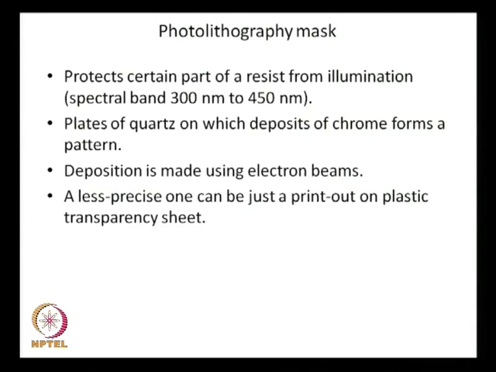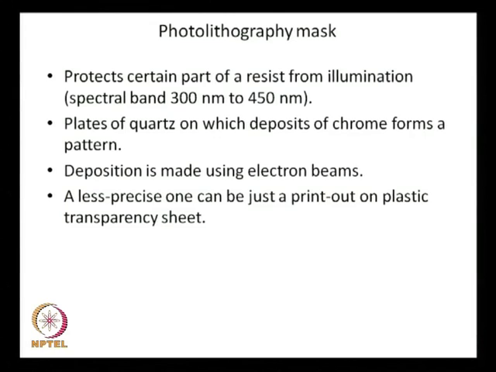The pattern, that circle, could be just a line which will form a channel. That pattern is formed by chrome deposit. The deposition is made on this quartz plate using electron beams.